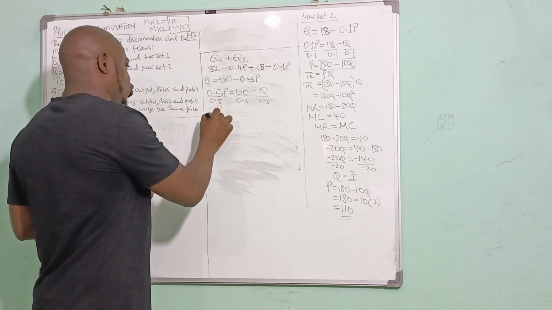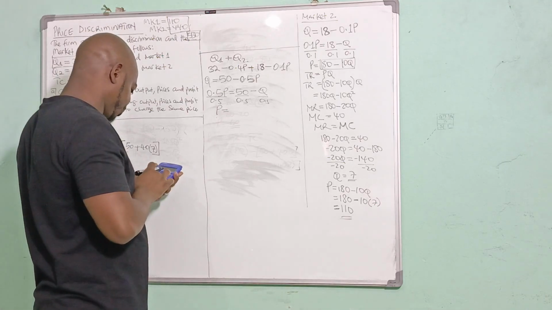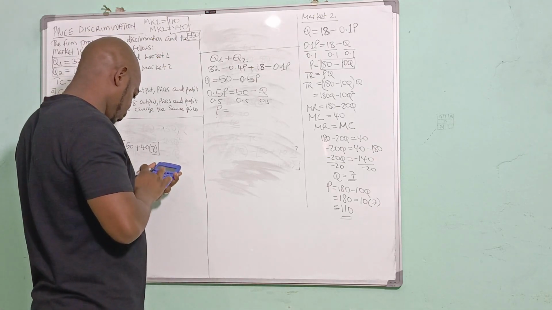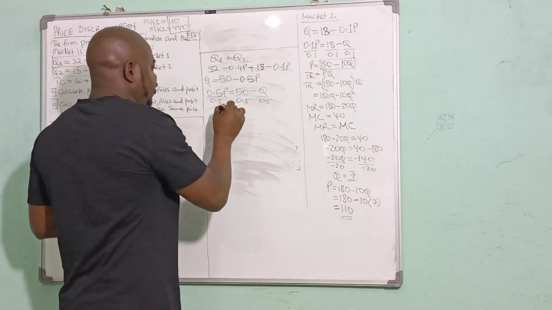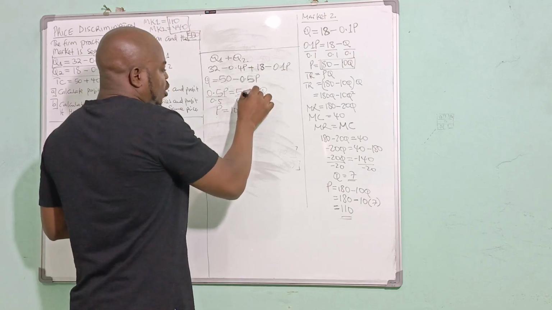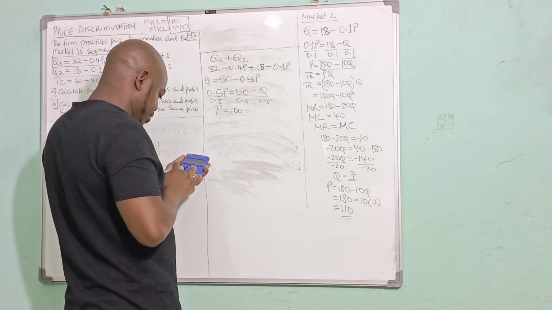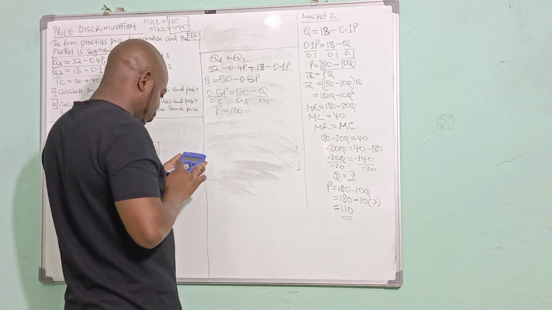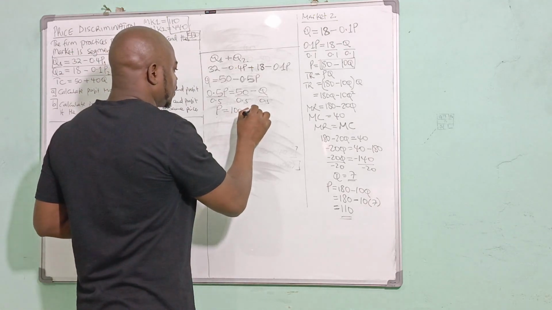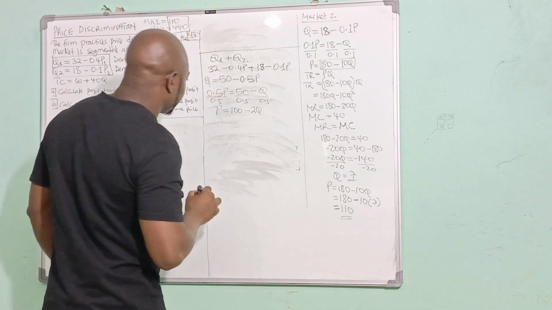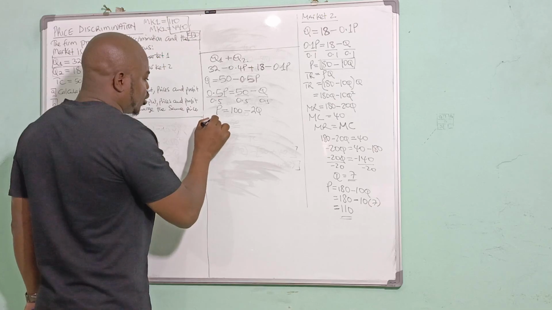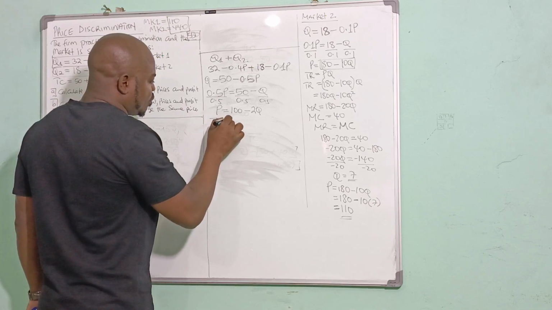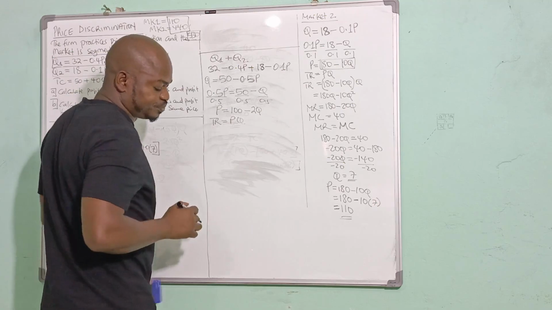So P will be equal to 100, and 1 divided by 0.5 gives me a 2, so 2Q.